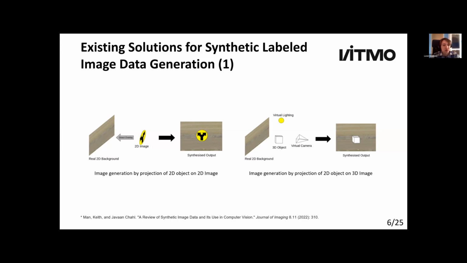And the same thing with projection of a 3D object on a 2D background. As we know the position of the 3D object, we can easily make labels for it.